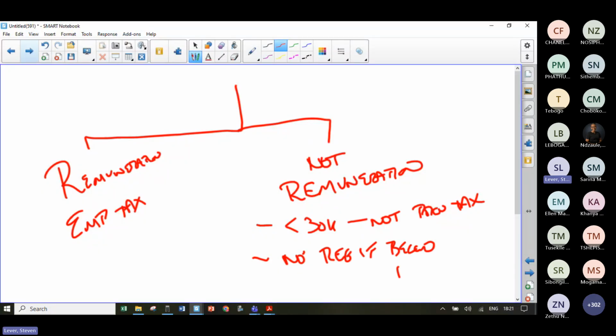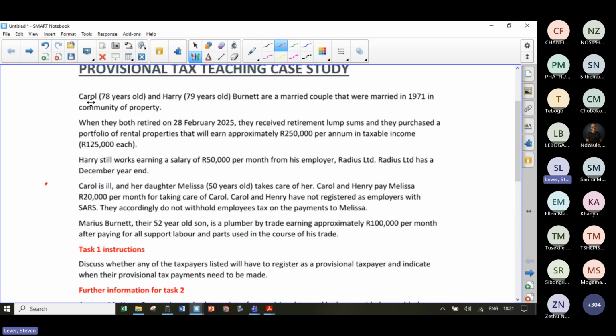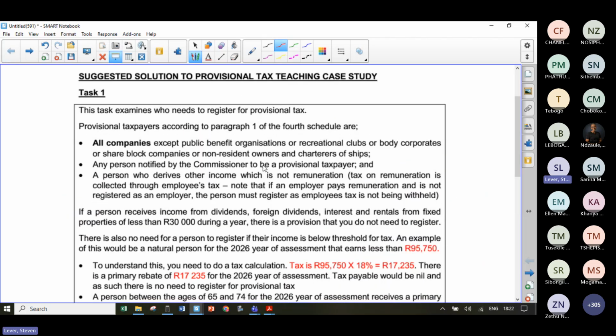Now, guys, it depends on what happens in a question. So effectively, having a look at the question that I've got here, it says Carol, 78 years old, and Harry, 79, Burnett are a married couple that were married in 1971 in community of property. So as far as this is concerned, guys, what is their threshold?